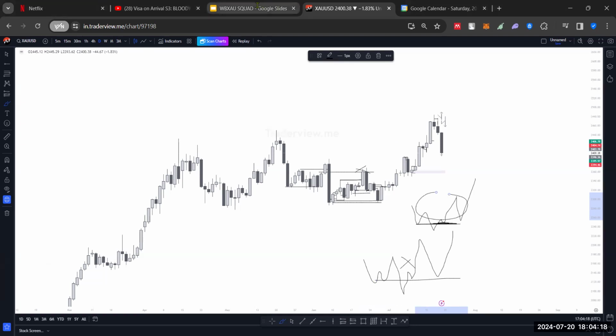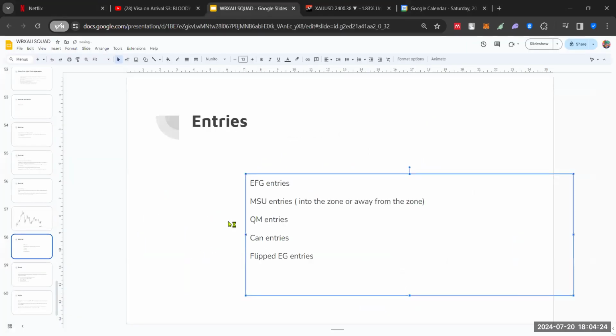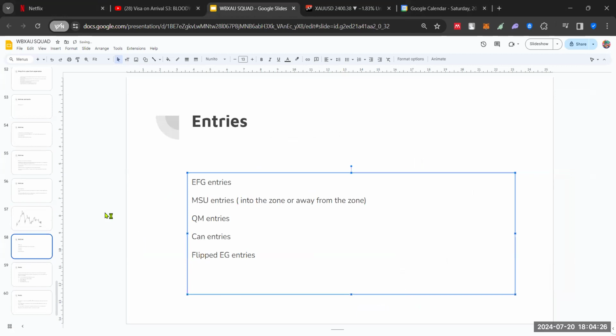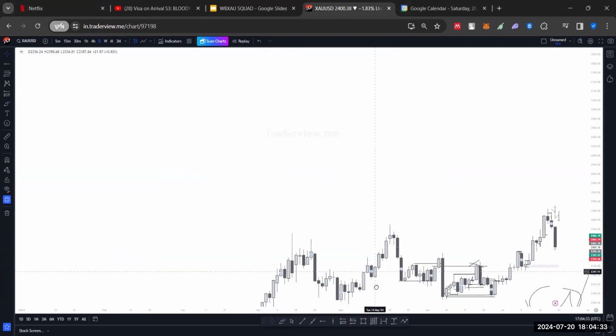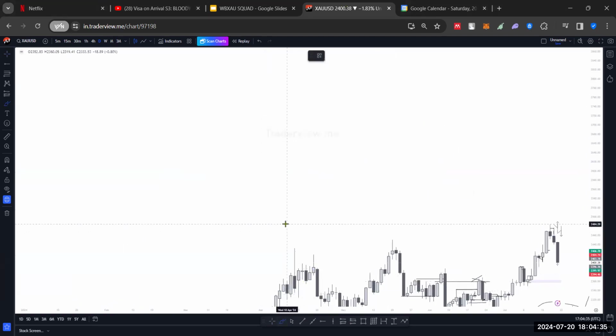Now, another example of the entries we spoke about are the flipped and the flipped engulfing. Okay, we spoke about flipped engulfing, and I gave an example. I'll just explain a little bit again. You can have something like this: price has been trending all the way up, then price taps this level and then makes a short high.